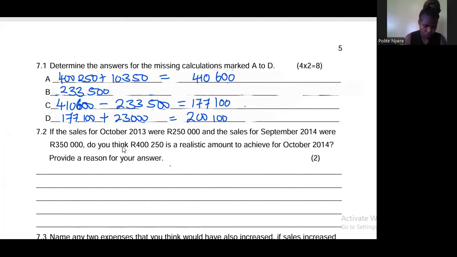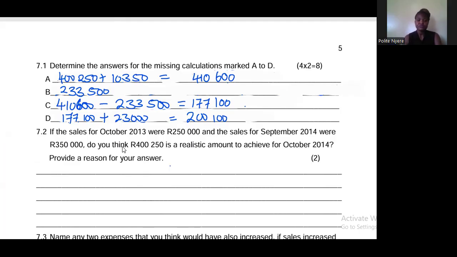You are supposed to know how a budget is prepared. A budget is prepared to find out how much money is going to come in, how much money is going to go out, and it helps us to plan for the future.